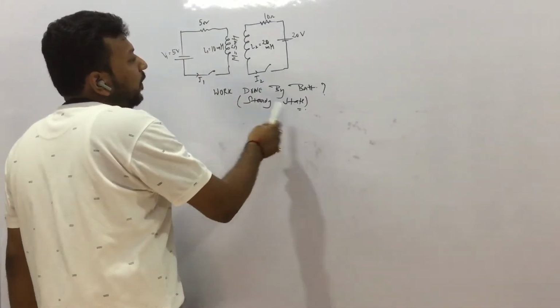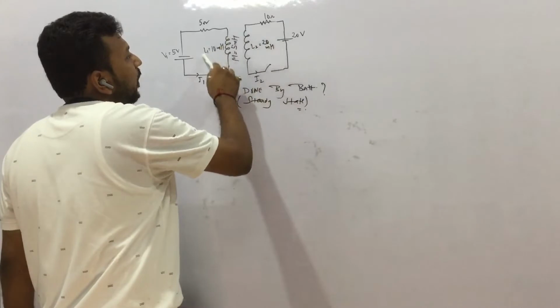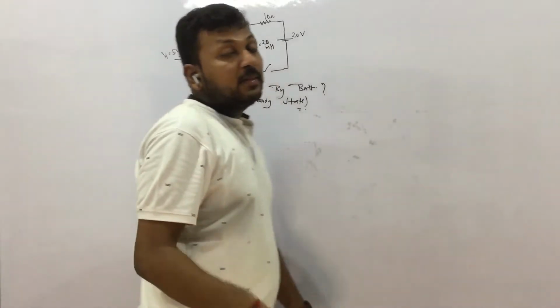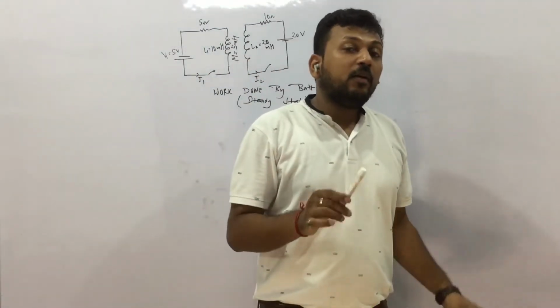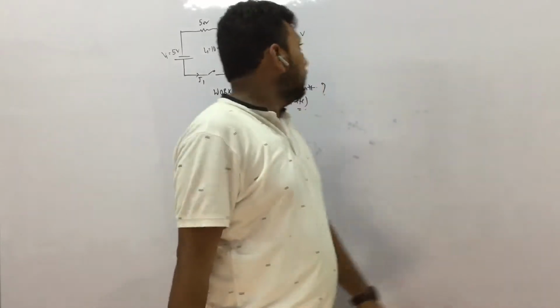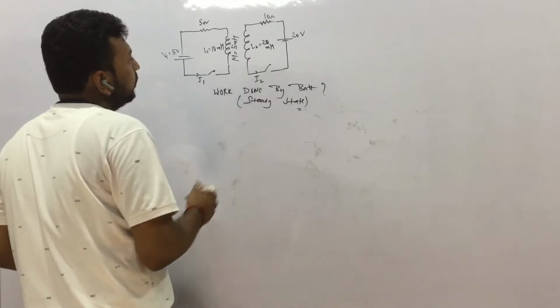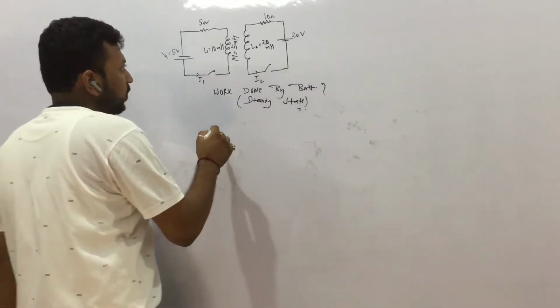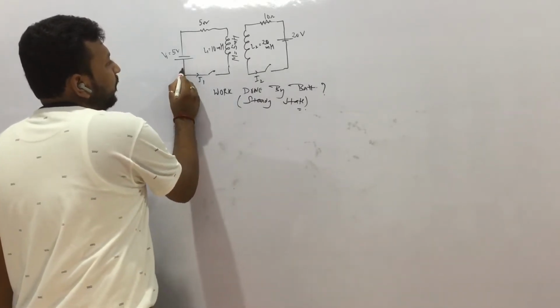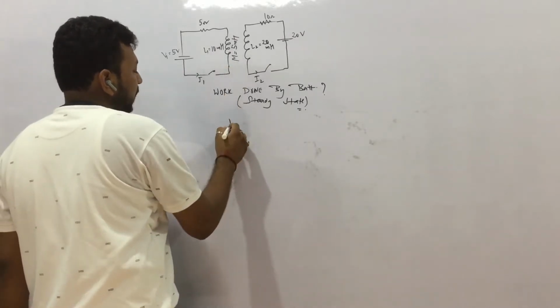Obviously, all the work done will be consumed in opposing these inductors. Basically, the opposition offered by the inductor will be the work done by the battery, right? So we can calculate that. First of all, we have to understand the process. Suppose current is flowing like this.